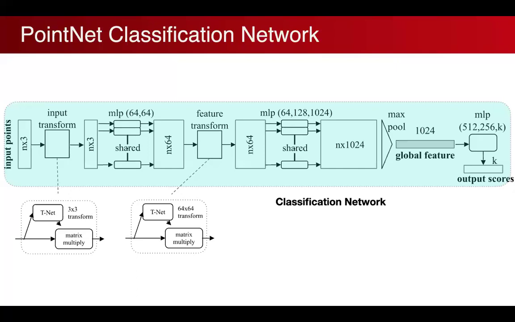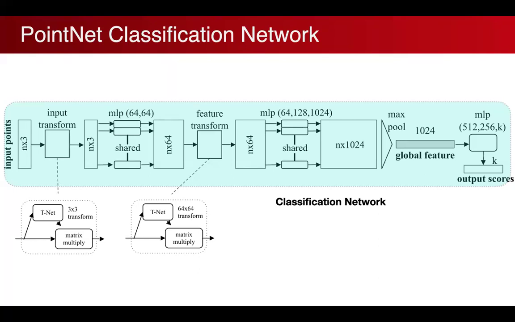And then we have embeddings and other feature transforms, and keep doing that until the end. And in the end, we have an aggregate function that's going to be a symmetric function. And then it's going to compute a global feature that's going to be used here for classification. So this is a PointNet for classification.